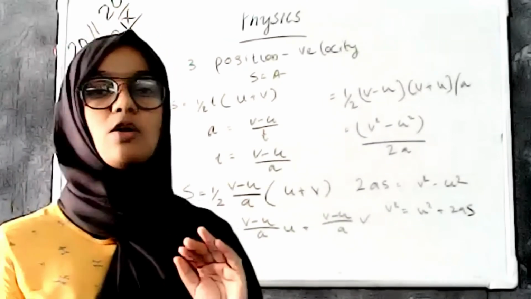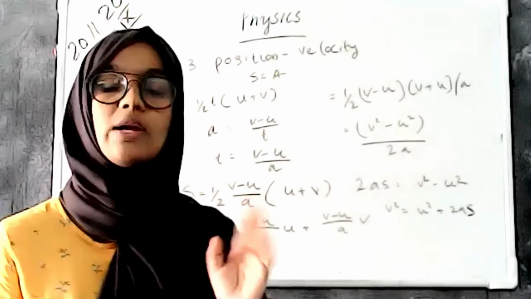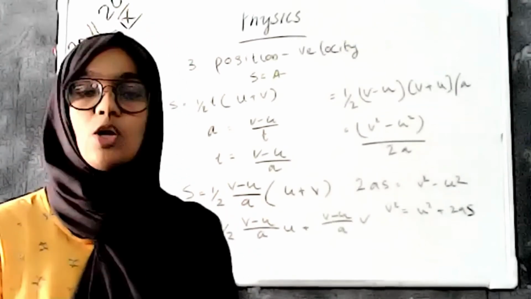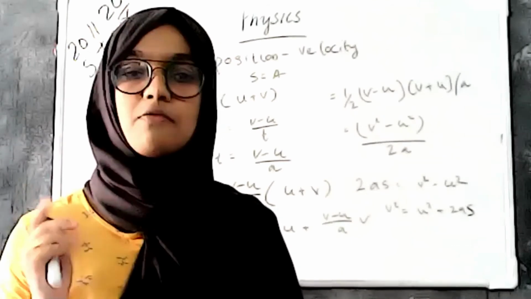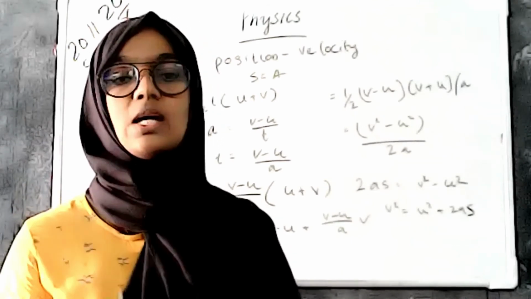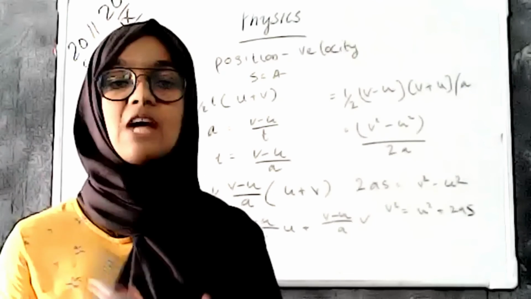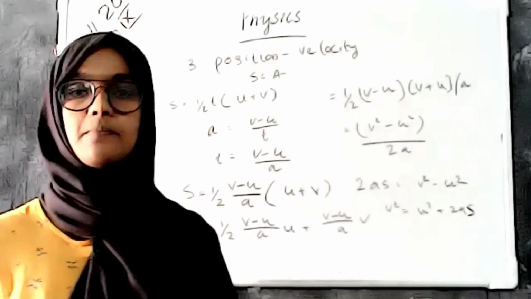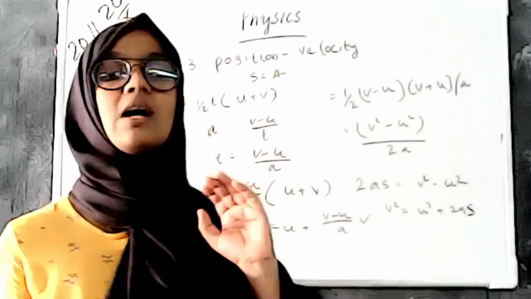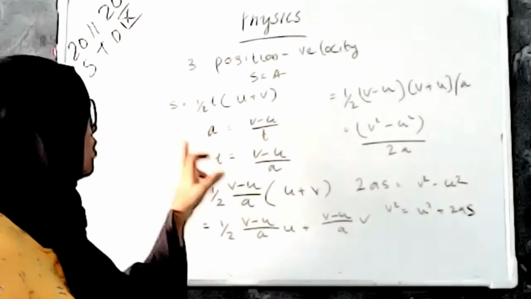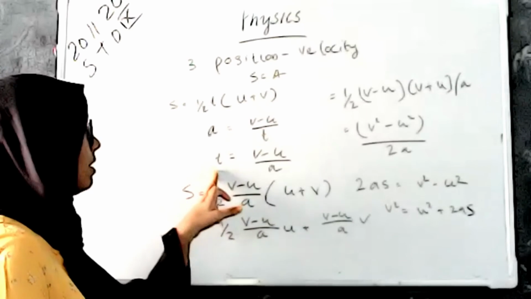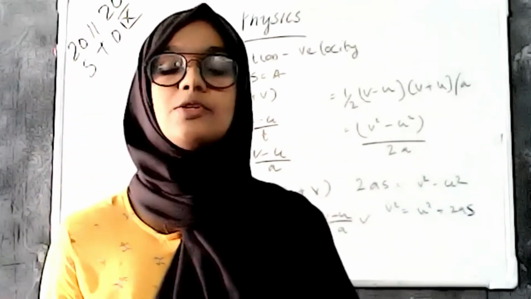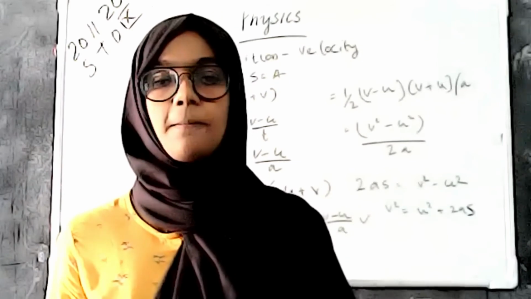For the third equation of motion, we follow the same rules as the second equation. We know that the area of the quadrilateral is equal to the displacement, and from here we find the position-velocity relation. Here we find a substitution for t, using the acceleration of the body a equal to v minus u by t.